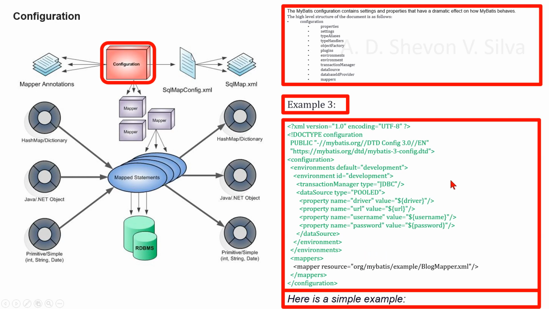The mappers element contains a list of mappers, the XML files and or annotated Java interface classes that contain SQL code and mapping definitions.